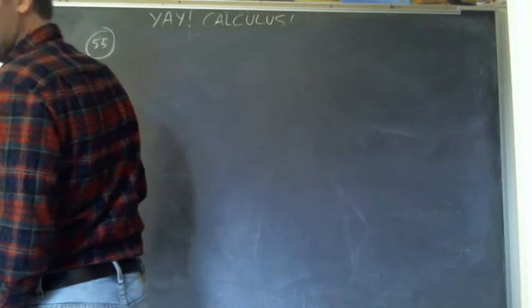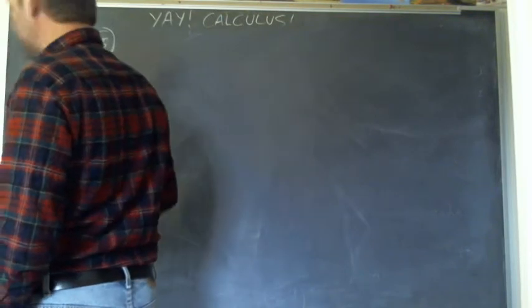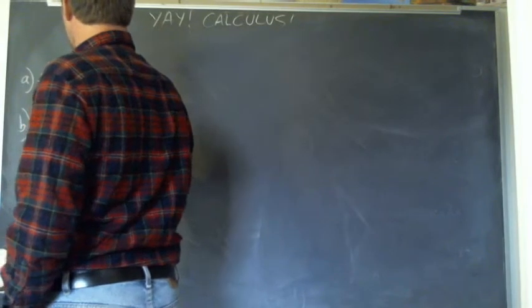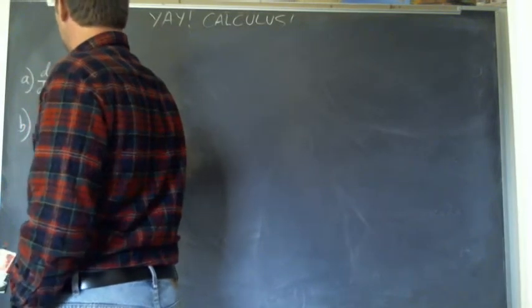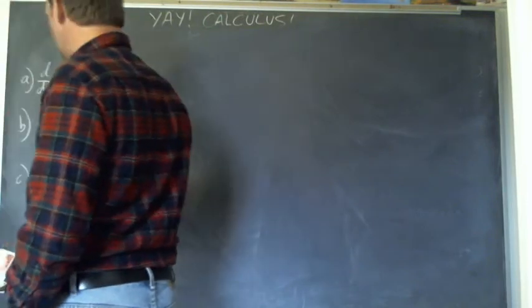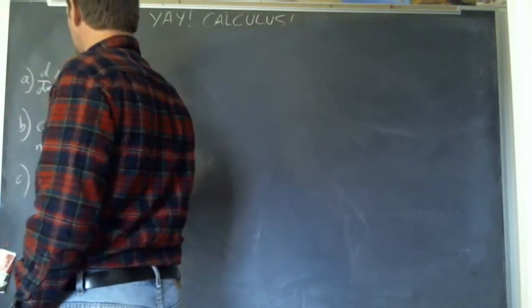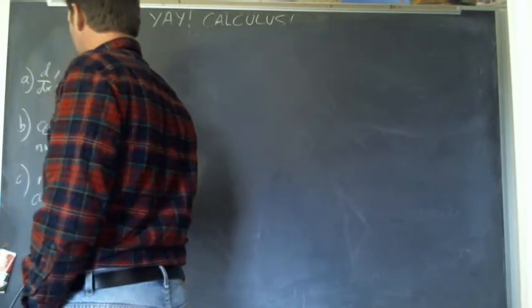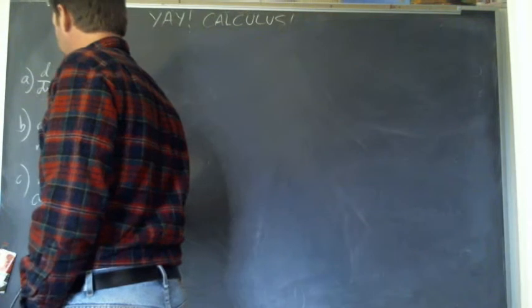B is continuous but not differentiable. And C is neither continuous nor differentiable.